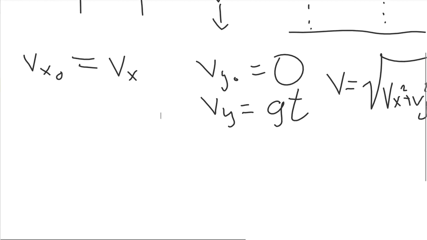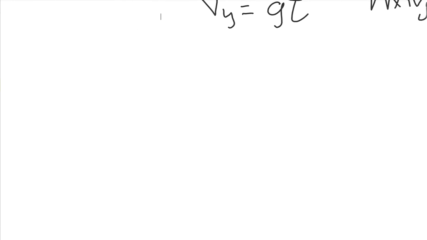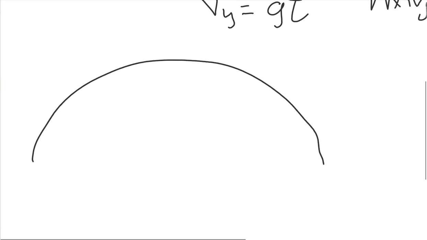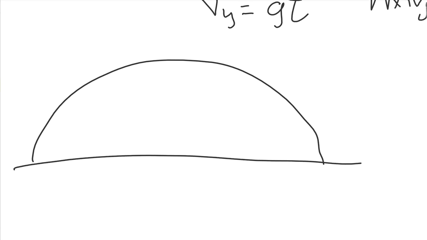Okay, now let's move our page and take a look at angled projectile motion. Now we have this nice arced path. We've got some initial velocity, and part of that initial velocity is in the x direction and part of it is in the y direction.